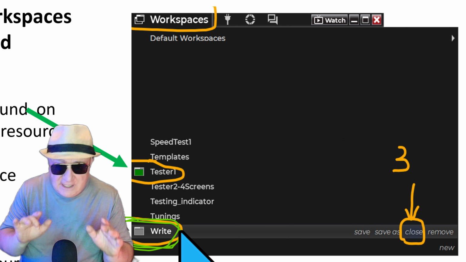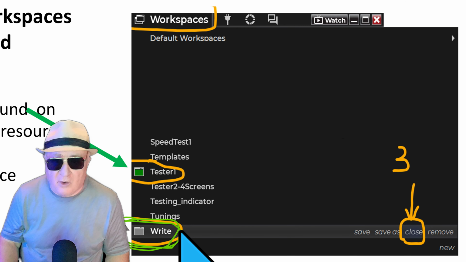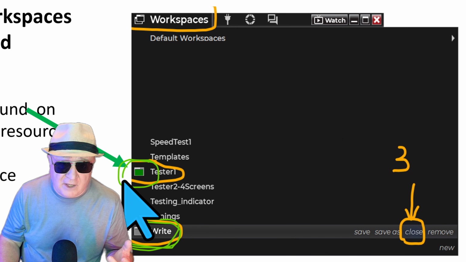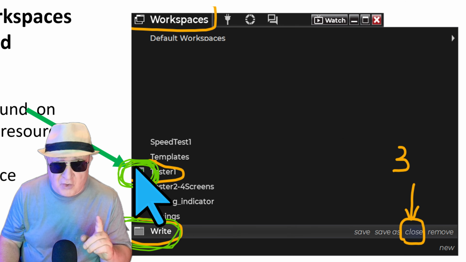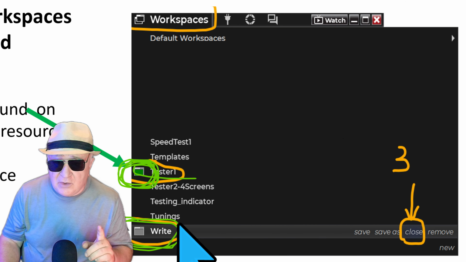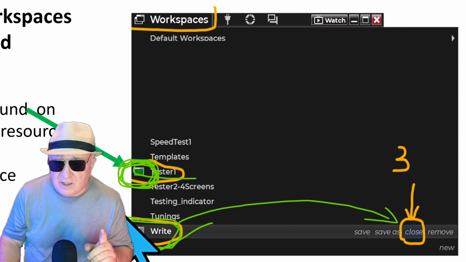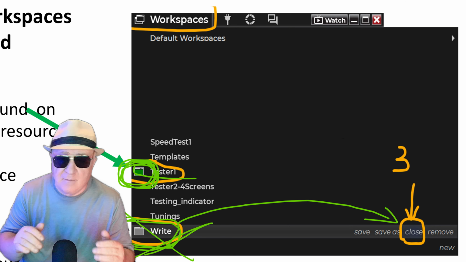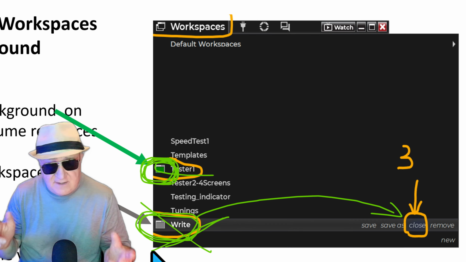So leave only one workspace, and close the one highlighted over here in green. You see the icon in green. Leave only the one workspace that you're currently using and close all other workspaces like this one. Just close all of them if you want to get the best performance and the best test results for indicators.